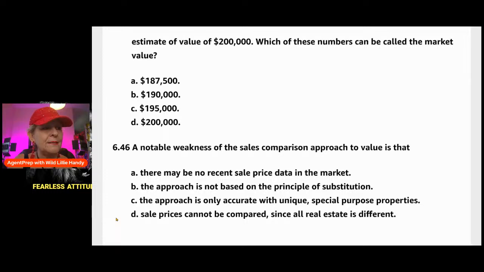Or D, sales price cannot be compared since all real estate is different. So the notable weakness of the sales comparison approach. That's when we're looking at a CMA, right? Comparison market analysis, when we're looking for sold properties within the area that are similar to the subject property.